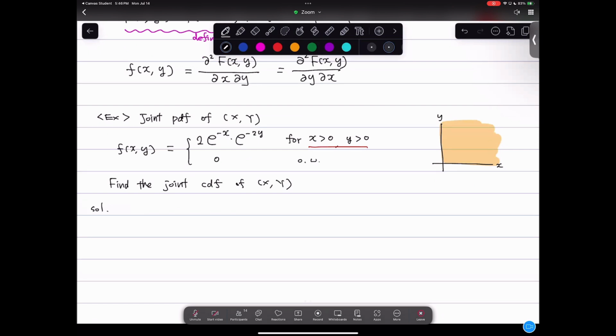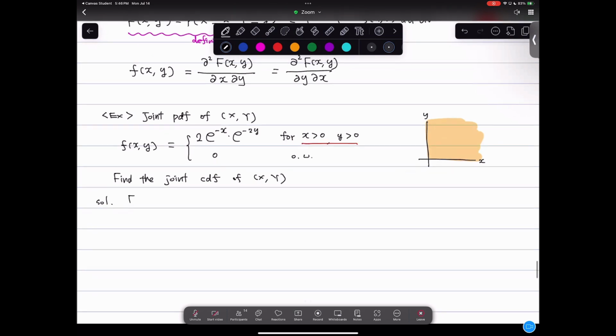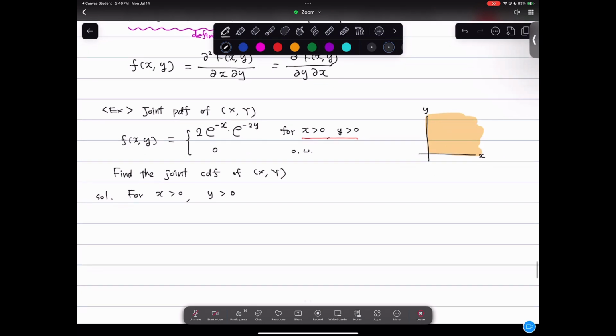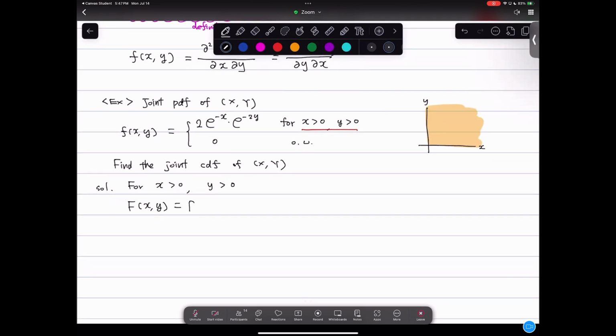I'm thinking of having the CDF for x and y both greater than 0. And below 0, there's no probability anyway. For x positive and y positive, the CDF, by definition, is the probability that your random variable X is less than or equal to some number x, and also the random variable Y is less than or equal to the number y. So we have this probability under this density.